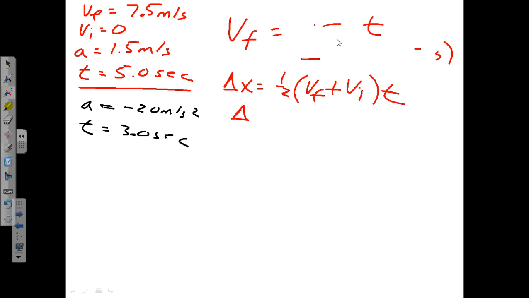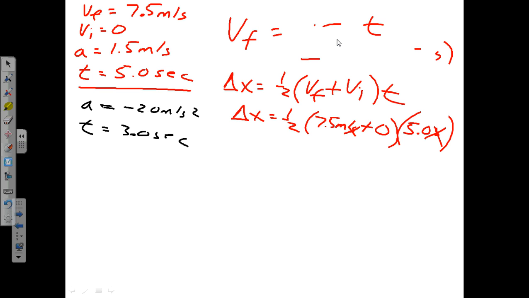So let's go, delta x equals 1/2 times 7.5 plus 0 times 5 seconds. Now pay attention to your units on this. The seconds are going to cancel out, so we're left with meters.